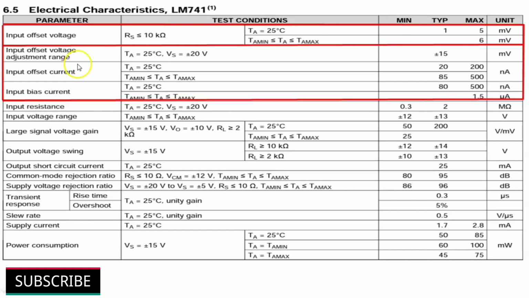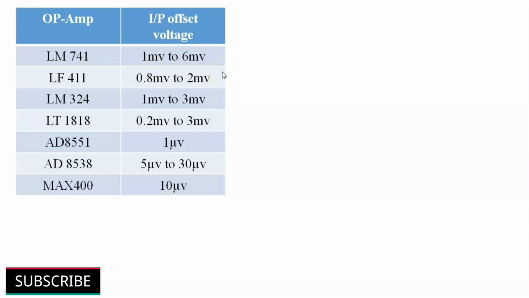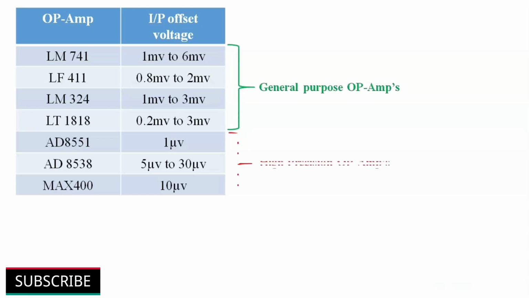The datasheet of an op-amp shows three important parameters: input offset voltage, input offset current, and input bias current. Here the table shows input offset voltage ranges of some general purpose op-amps and high precision op-amps. The general purpose op-amps' input offset voltage is in a few millivolts.